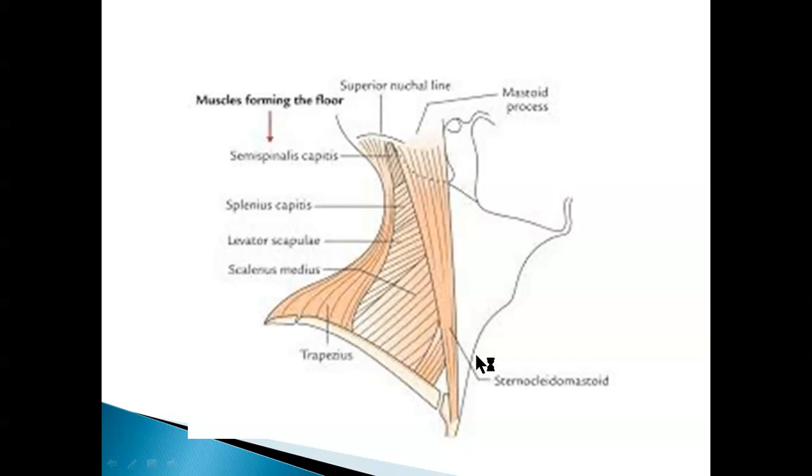The boundaries of your posterior triangle would be the posterior border of your sternocleidomastoid muscle, the anterior border of your trapezius muscle, and the inferior border would be your clavicle.